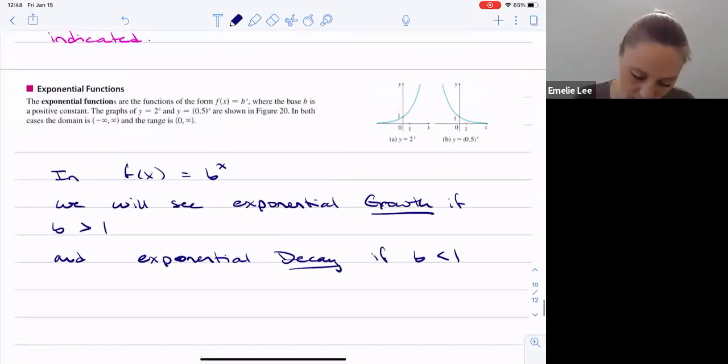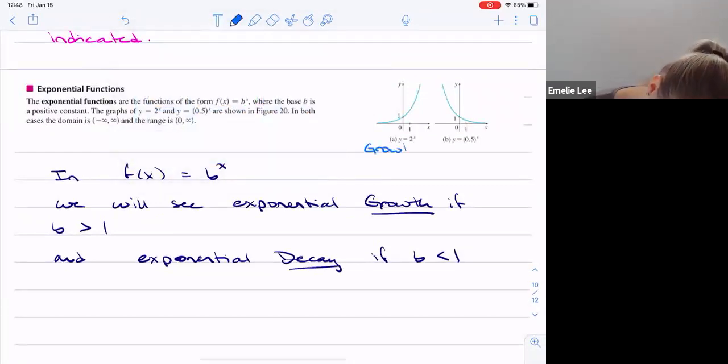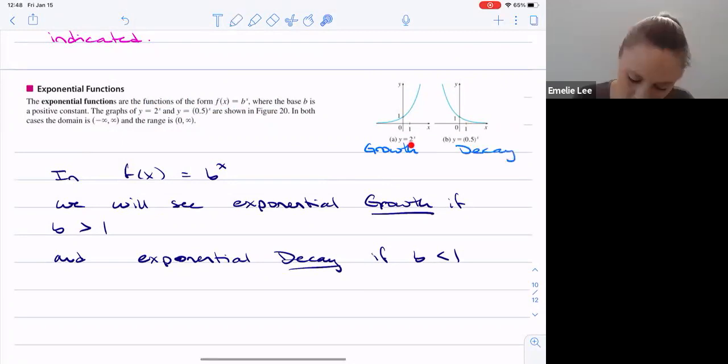Here we have growth, and here we have decay. Here the base is 2, that's greater than 1, so we have this growth. And here the base is 0.5, that's less than 1, so we've got this decay. If the power is x or some version of x, you're going to have exponential growth or decay.